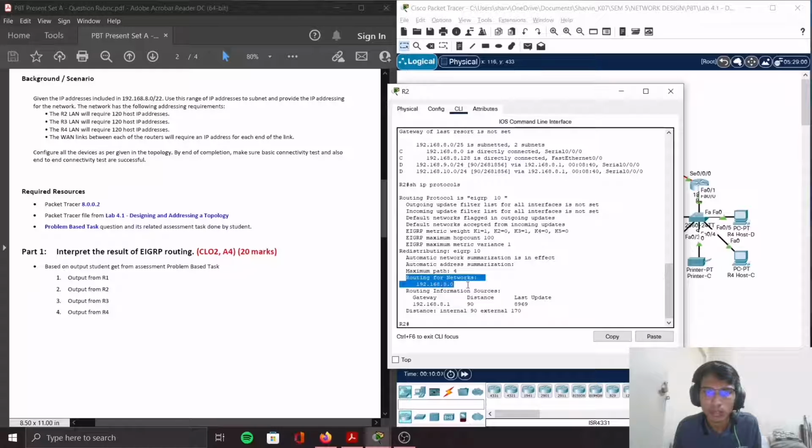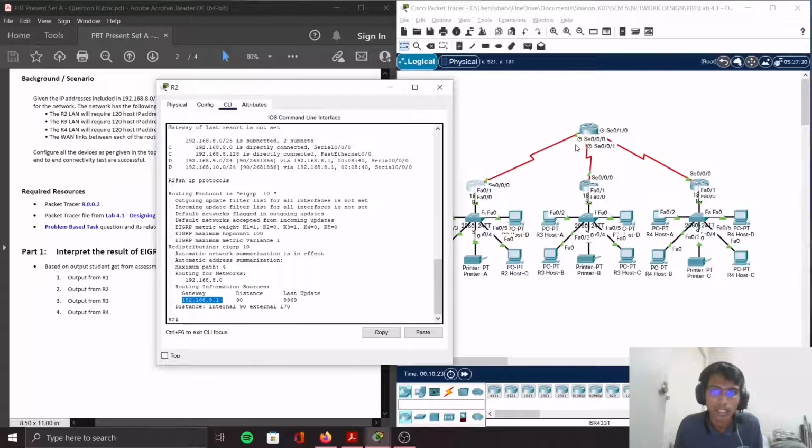Routing is available for the 192.168.8.0 network, and we can see where the routing information comes from. This is the IP of serial interface 0/0/0 in R1.